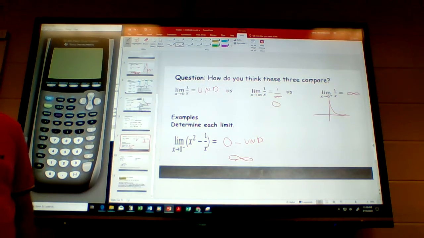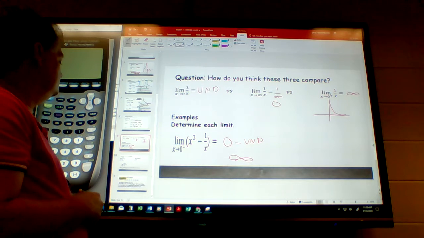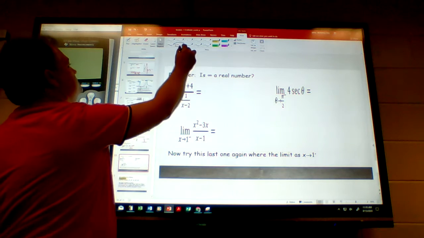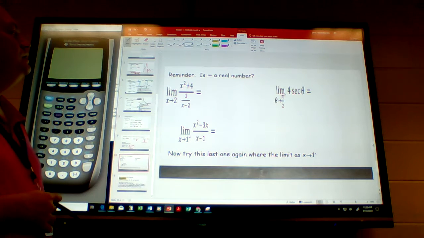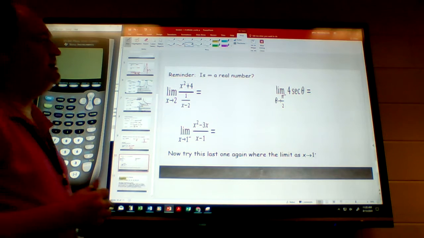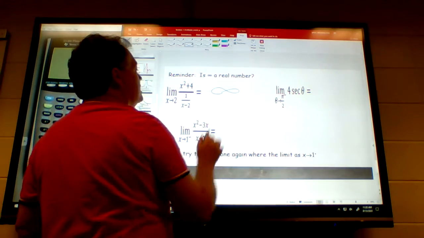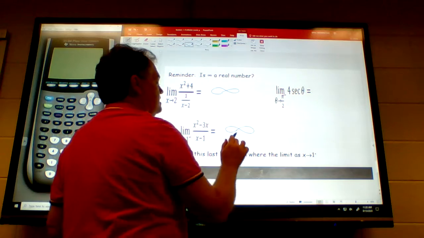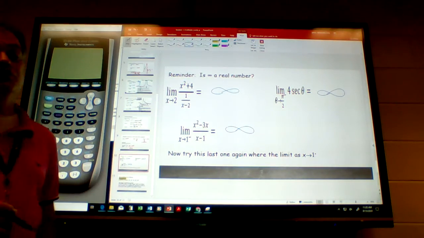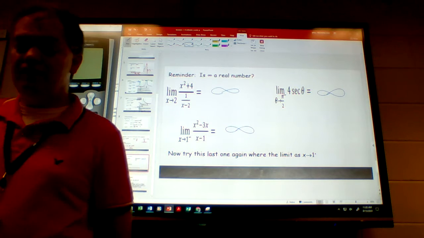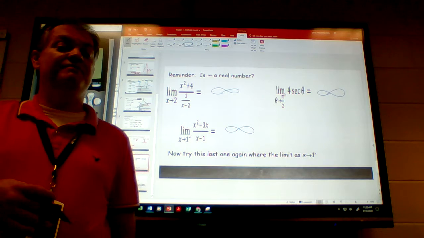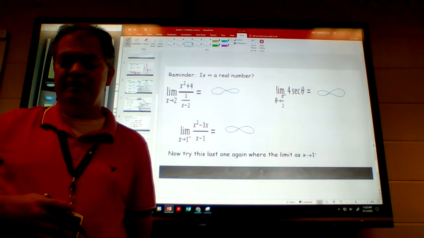That'll give us infinity. And the same thing goes with each of these. When you work them all out, it's going to end up giving you infinity, infinity, and infinity. You can look up those on your own, or I'll be happy to talk with you about it in class, see what you come up with. Think about it. We'll talk about it some more.